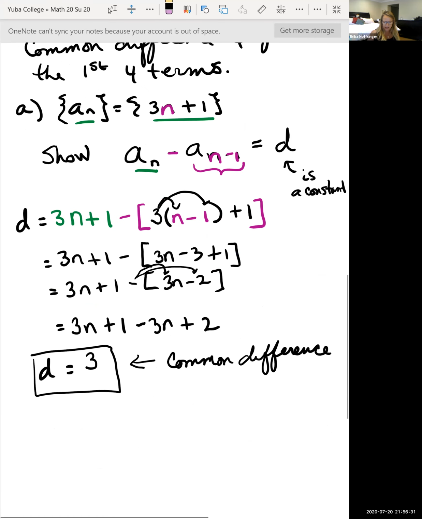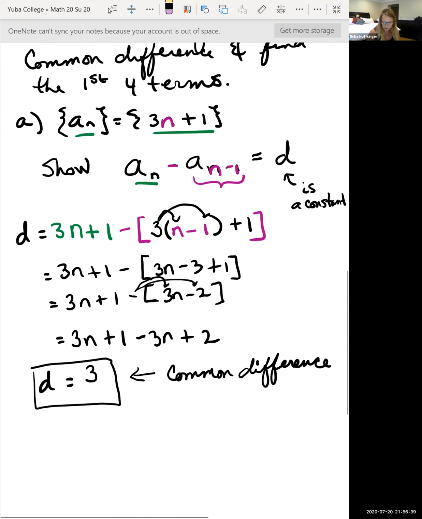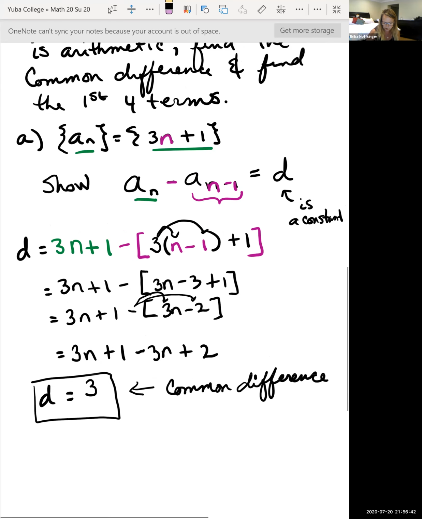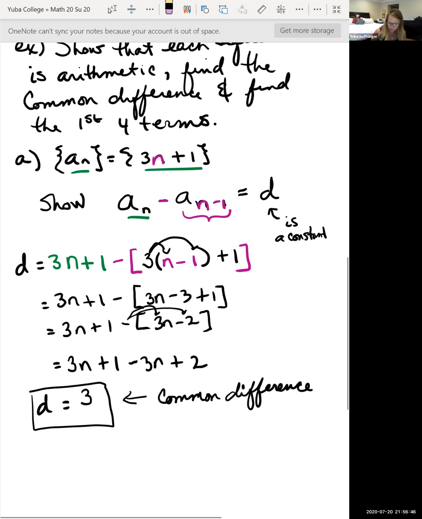But since we did that and we were just left with a constant, then it's arithmetic, and that is the common difference. Then it told us that we wanted to find the first 4 terms. So we showed it was arithmetic, we found the common difference and the first 4 terms.